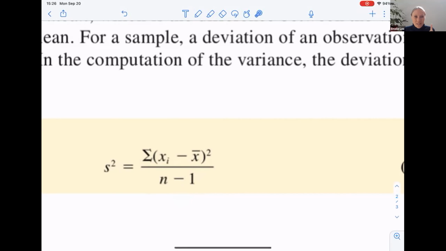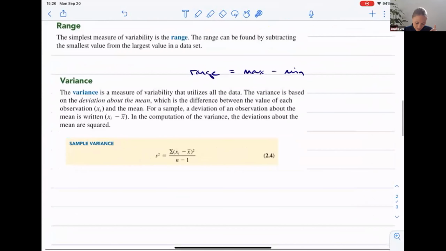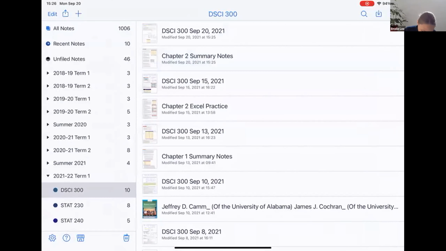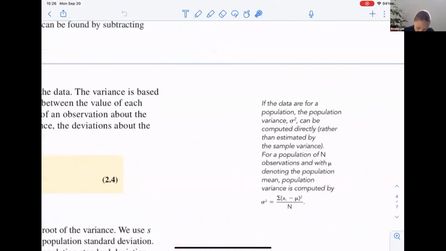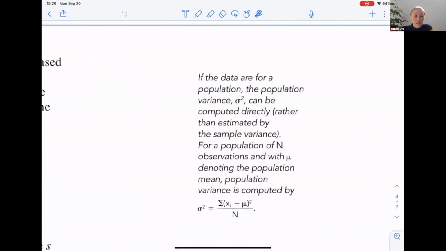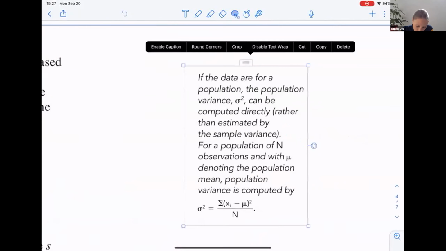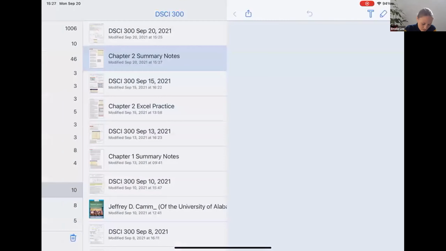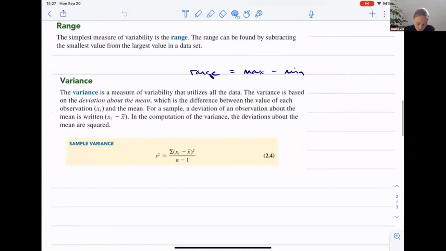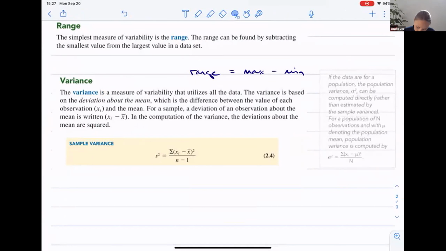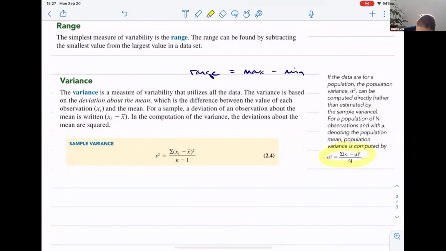And so the difference here, and the only reason that I have these little side notes where we talk about the difference between the sample variance versus the population variance, so I'm going to bring this in here, is because for the population variance, we only divide by n, the population size. Okay.